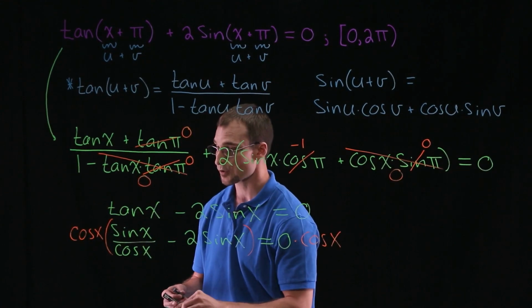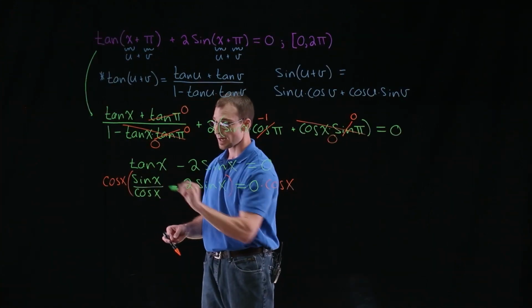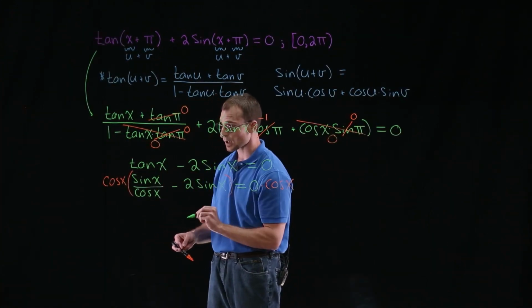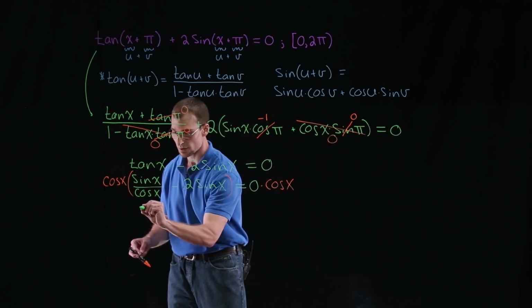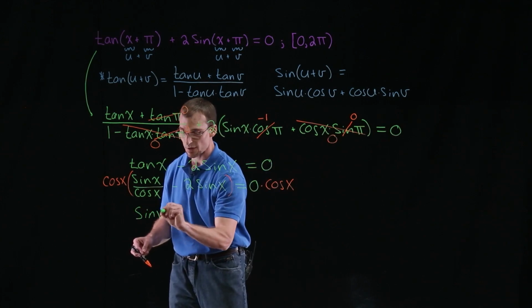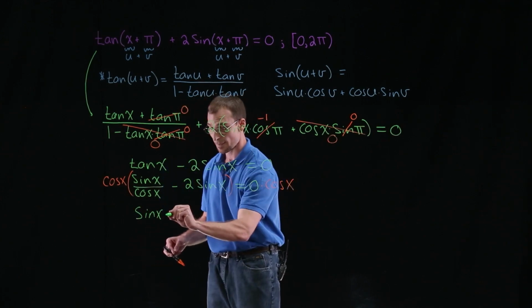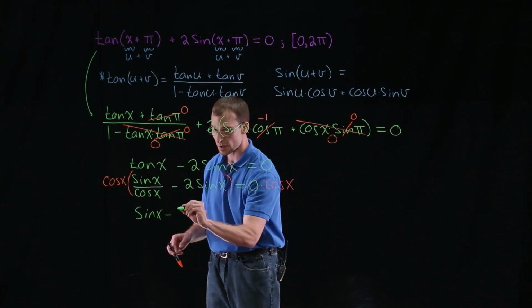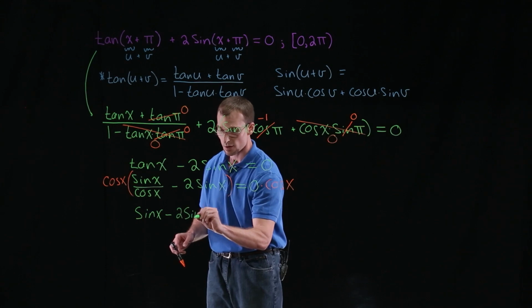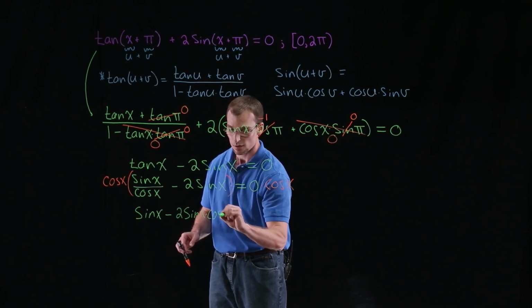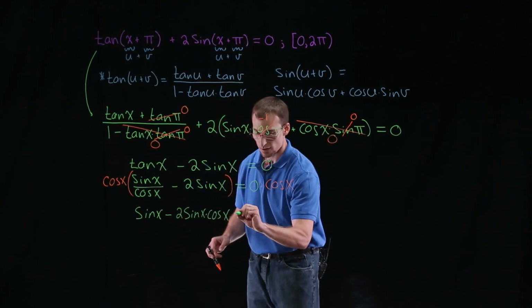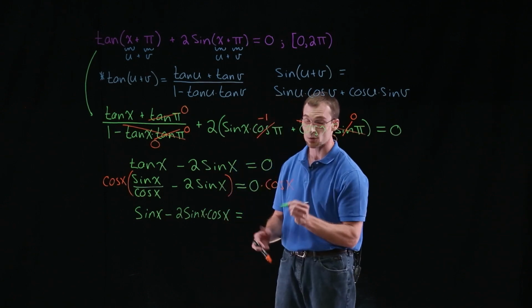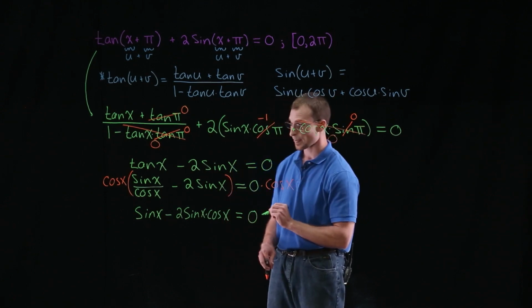When we distribute the cosine with our sine over cosine, the two cosines will cancel, leaving us with just sine of x. And distributing in, cosine times negative 2 sine x gives us minus 2 sine x times cosine x. And that is equal to 0 times cosine, which is still just 0.